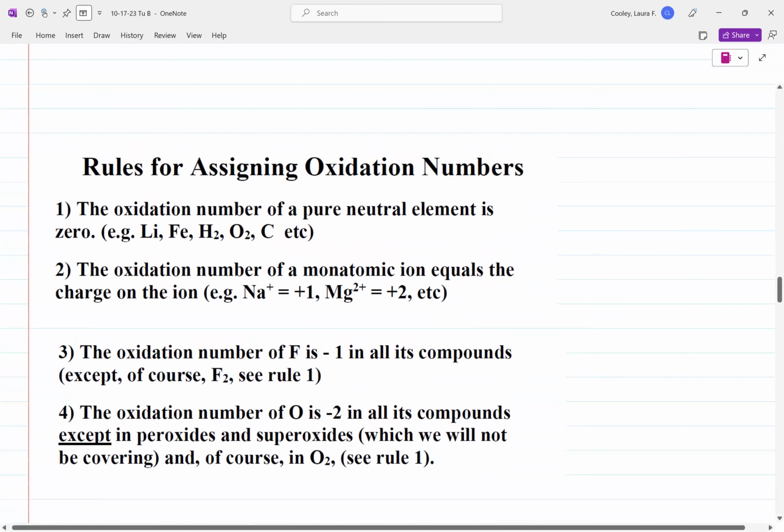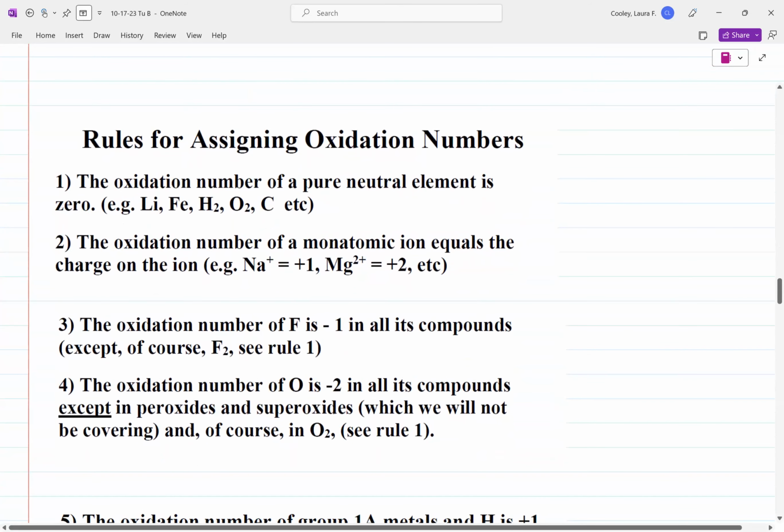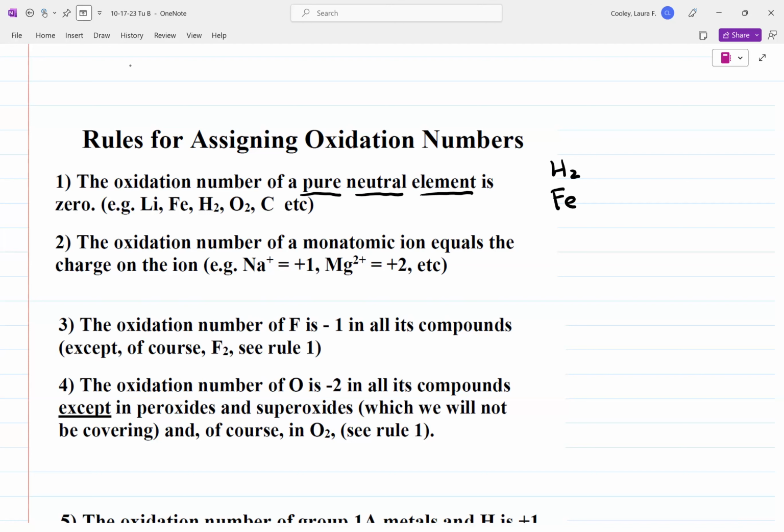So let's go through these rules. Some of these you already know. The oxidation number of a pure neutral element is always 0. We've seen this in H2. If you have the element iron, which will be solid iron, but even if it was liquid iron, it would still be 0 because it is a pure element.